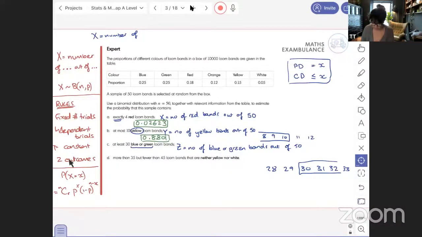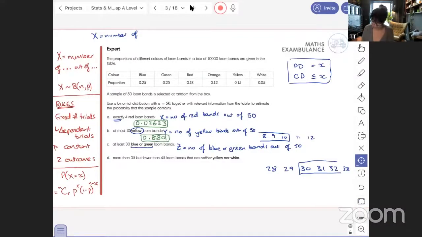Whereas if you combine them and just think of it, this is the thing, one of the rules for a binomial is that there's 2 outcomes. So when you're modeling it with the binomial, there's only 2 outcomes. There's either yes, it's blue or green, or no, it isn't. Yes, it's yellow, or no, it isn't. Yes, it's red, or no, it isn't. Always only 2 outcomes. So you have to define success to be one thing with a probability.